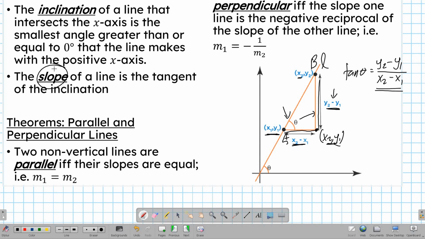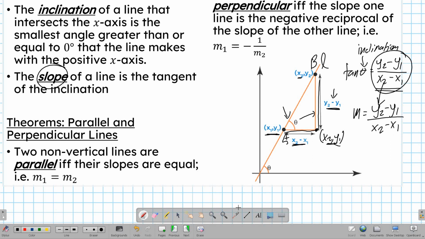Because the slope of the line is the tangent of theta, which is the inclination. Therefore, this expression becomes the formula that we know for slope. That the slope m is equal to y sub 2 minus y sub 1 over x sub 2 minus x sub 1 given 2 points.